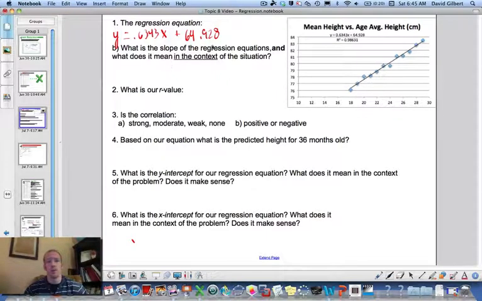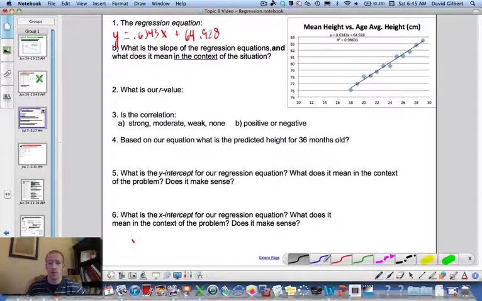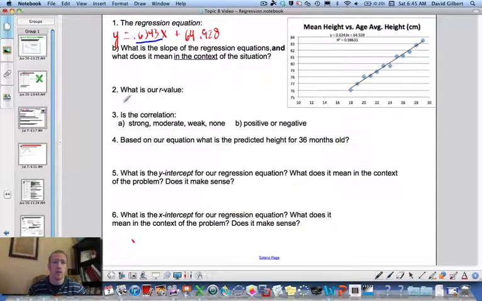So what is the slope of the regression line, and what does it mean in the context of the equation? Well, the slope of our regression line is right here. So our slope is 0.6343. Alright, and what does it mean in the context of our equation? That means for every increase in the x, we have this many units increase in y.